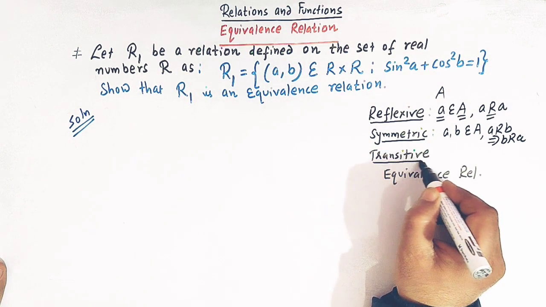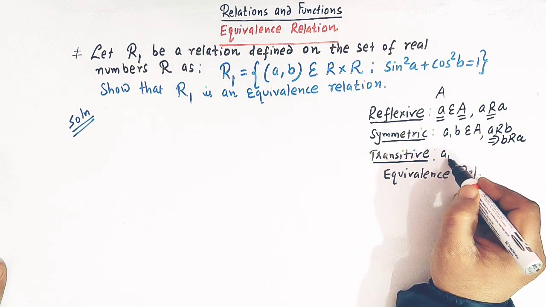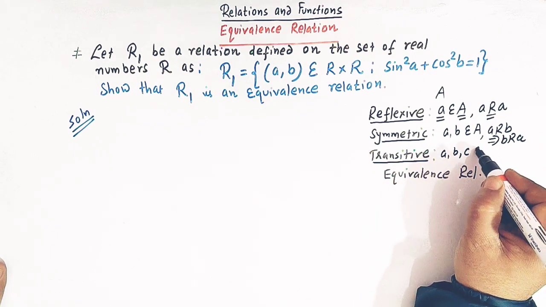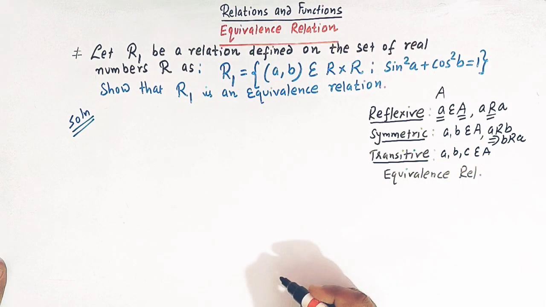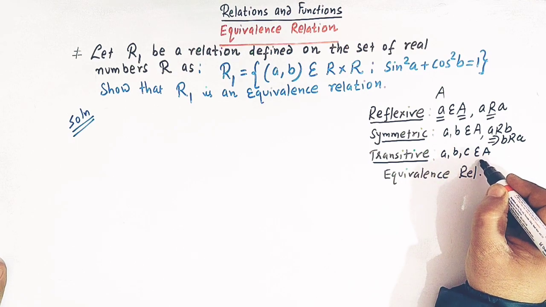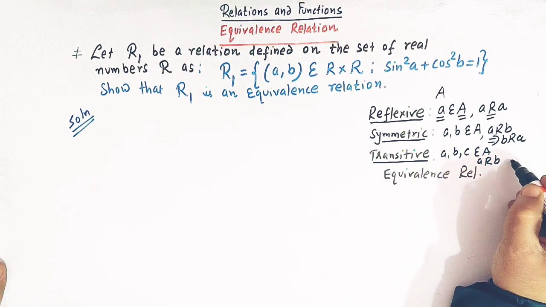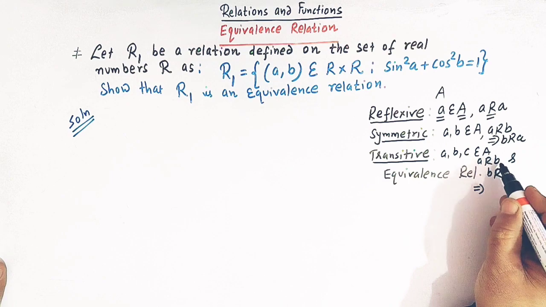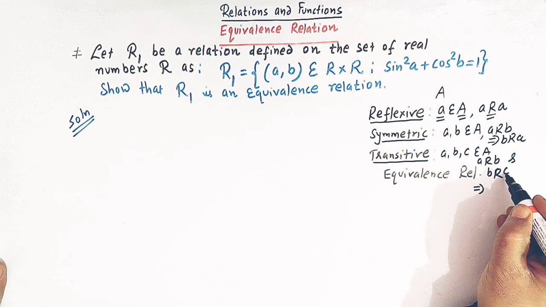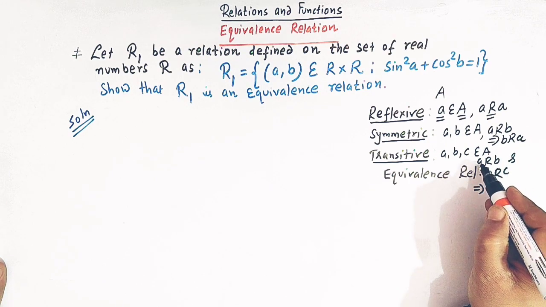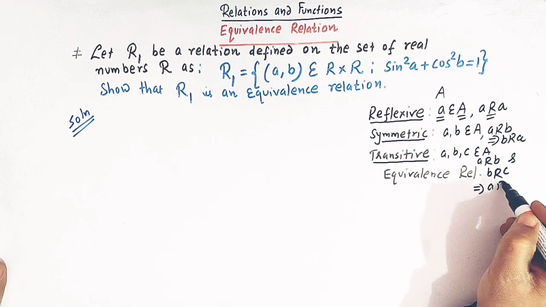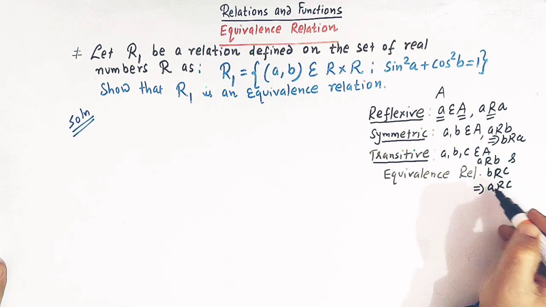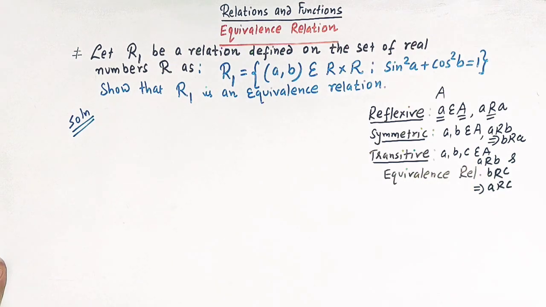And in case of transitive relation, if we have three elements, say a, b, c, belonging to the set A, and if a related to b and b related to c exist, then a is related to c, which implies that the relation R is a transitive relation, right?